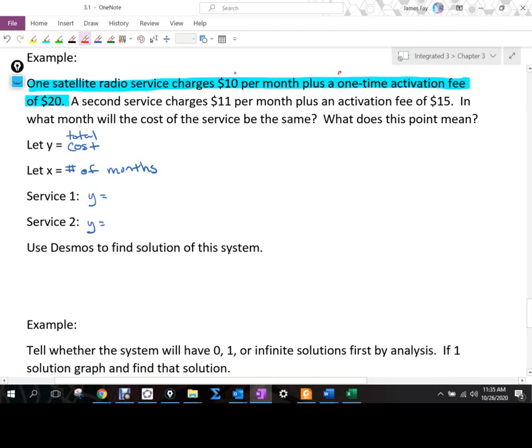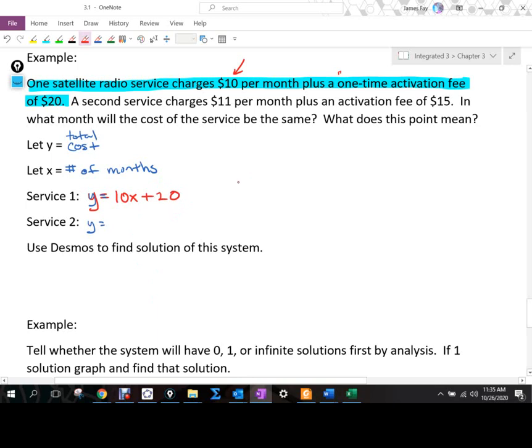How many times do you pay the $10? Every month, right? After 1 month, I pay $10. If I wait for 2 months, then I pay $20. If I wait for 3 months, it'd be $30. So the per month is the thing that's actually changing. So I'm going to write this as y equals 10x plus 20. Does that make sense?